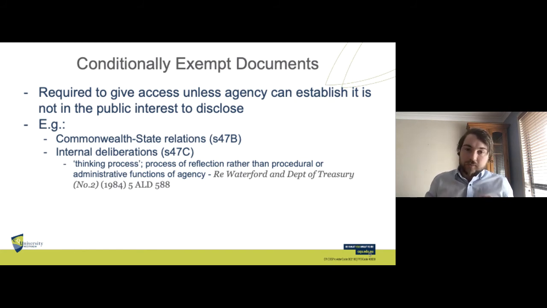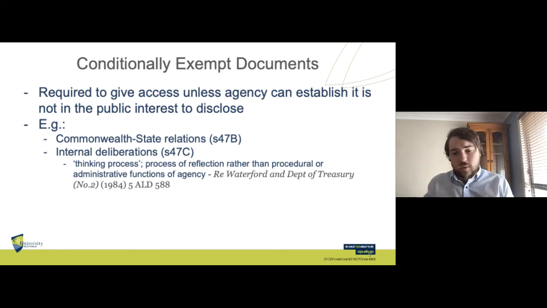And so, as a matter of public interest, it might be really important to find out why a particular decision was made in relation to border closures, which is the big example at the moment with coronavirus. But at the same time, to protect the goodwill within the Federation, there might be a good reason not to disclose those documents at times as well.